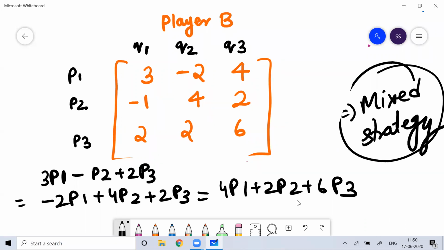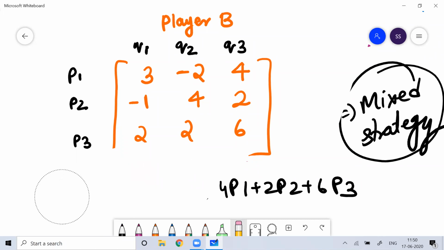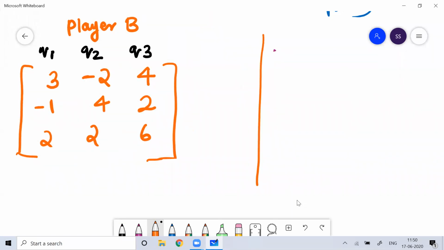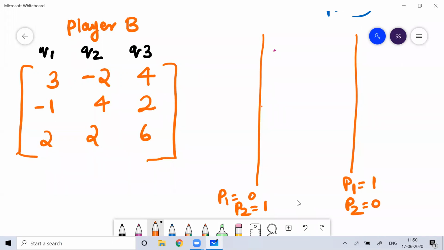In the graphical method, as I taught you, we make lines by taking p1 equal to 0 and p2 equal to 1, and p1 equal to 1 and p2 equal to 0, and then solve.